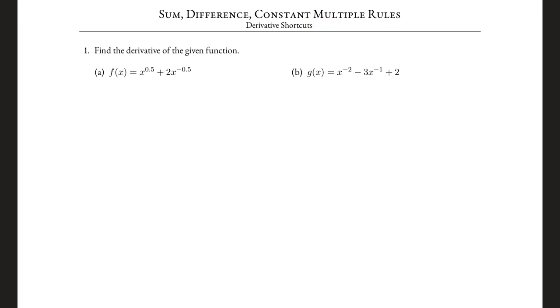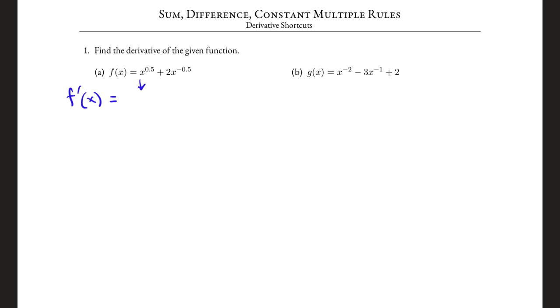What that means is that if we have a sum or a difference in the function, we simply derive each term individually and then add or subtract them correspondingly. For part A, the derivative f prime of x: this is a sum, so we take the derivative of each term separately and then add them.